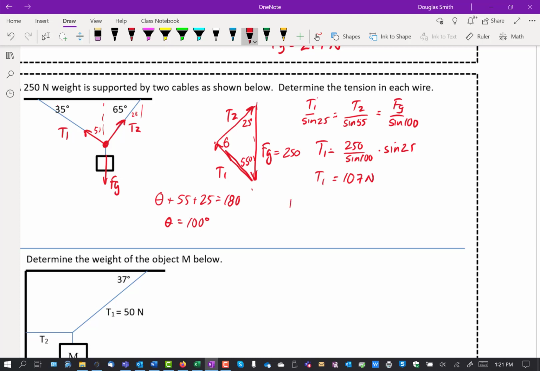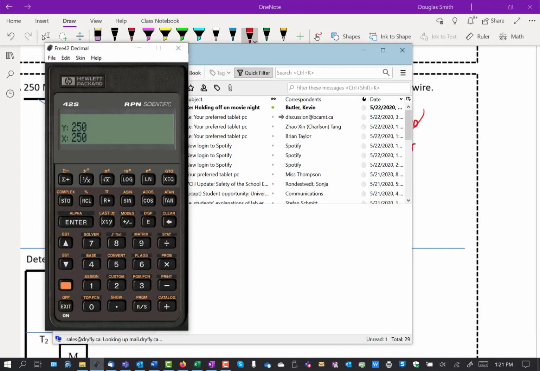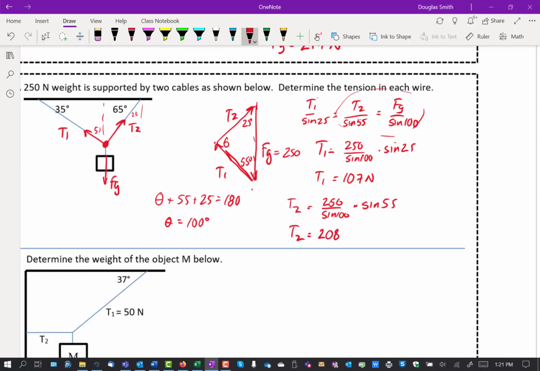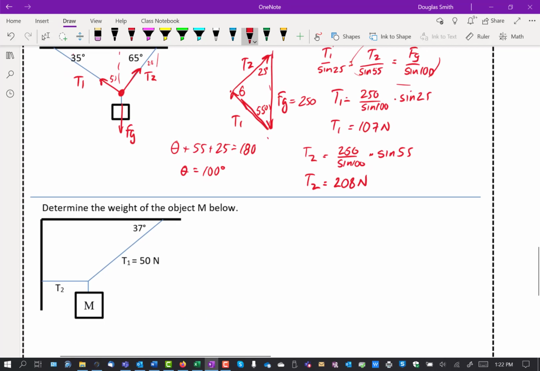And then T2 is looking at that relationship. So again, it's 250 divided by sine 100. And this time I'll multiply it by sine 55. Oops, there we go, 250 sine 100, 55 sine, 208 newtons.